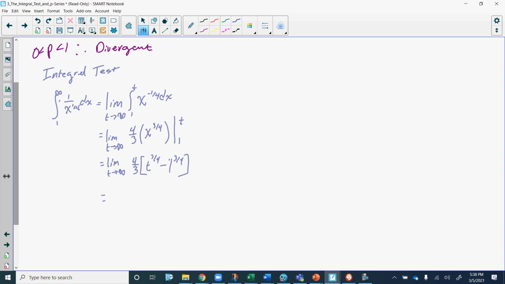So the limit is going to go towards infinity, which again means this series is divergent by the integral test. So they match. They agree with each other. They're both saying it's divergent.